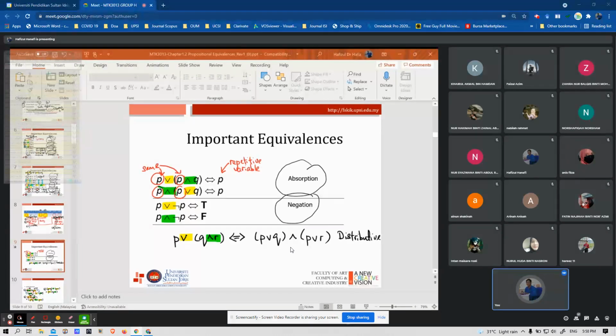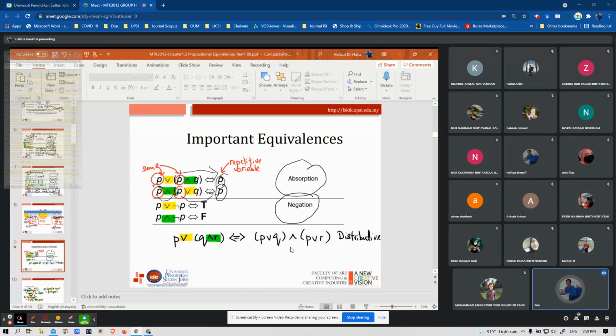It's called the law of absorption because the term Q is absorbed by the term P. For example, here we have the same P and P, for the conjunction P and P the same, and for the equivalences you can find this one also the same.